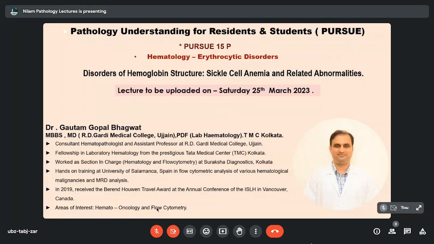And to speak on that, we have Dr. Gautam Gopal Bhagwat, who is an MBBS and MD, R.D. Gardi Medical College, Ujjain. He has done a PDF in lab hematology from Tata Medical Center, Kolkata. Presently, he is a consultant hematopathologist and assistant professor at R.D. Gardi Medical College, Ujjain. He has also worked as a section in charge in hematology and flowcytometry at Suraksha Diagnostics, Kolkata.